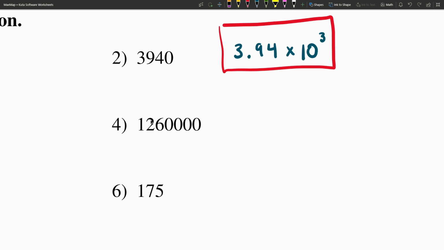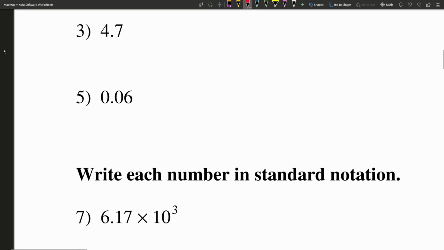Let's move on to number 3. Number 3 pretty much already is in the form of scientific notation, but we need to multiply this by 10 to some power. Do we want to move the decimal for this? No, we don't actually want to move the decimal at all since we have the ones place followed by a decimal.